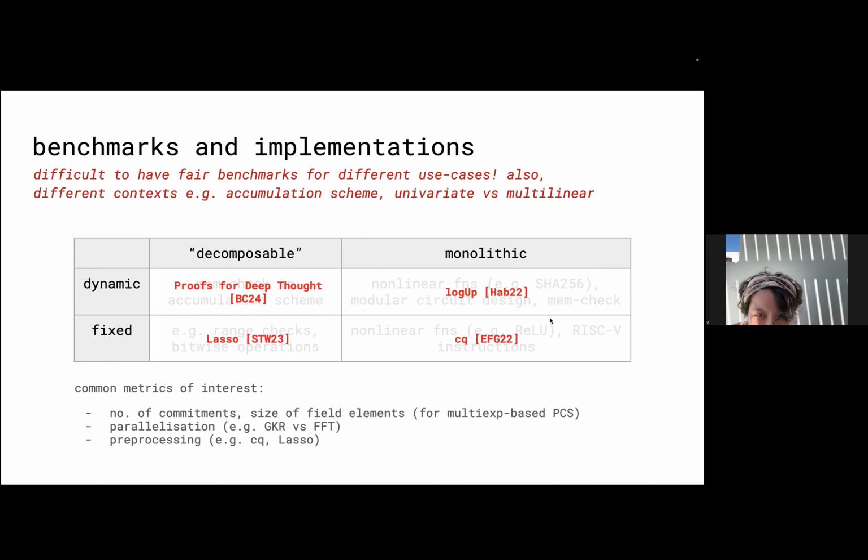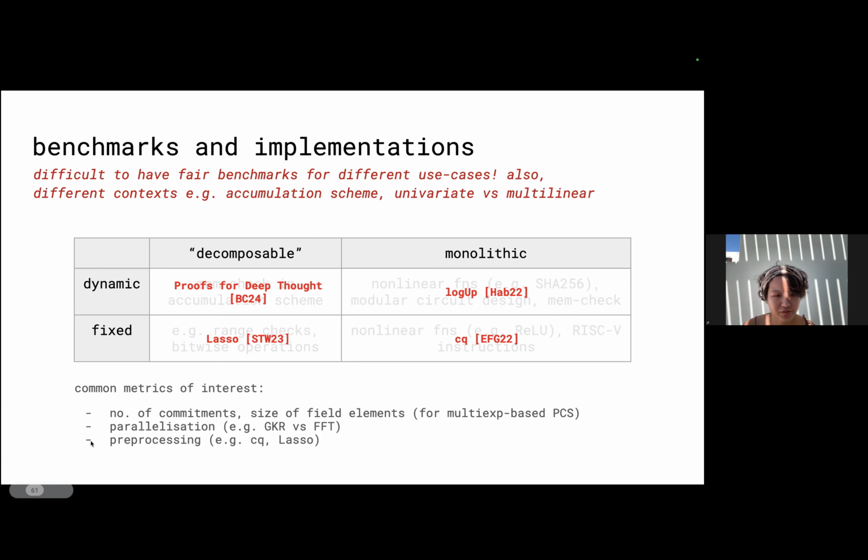And then it's also difficult to bench across very different primitives, so lookups that use univariate versus multilinear polynomials. So benchmarking is hard, as we all know.